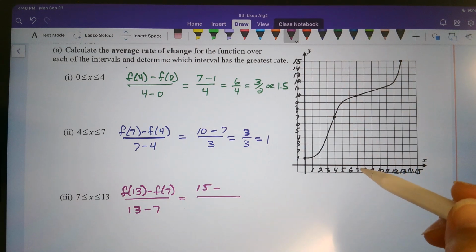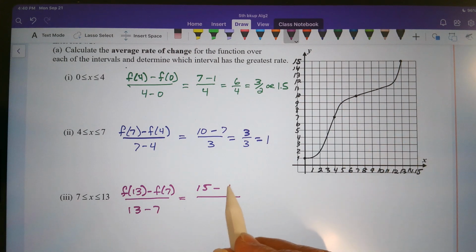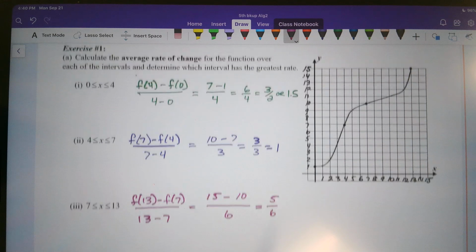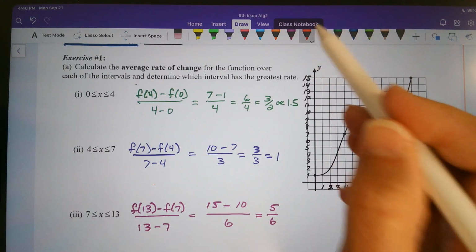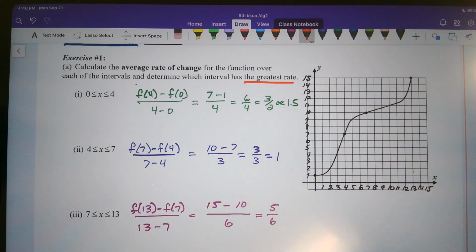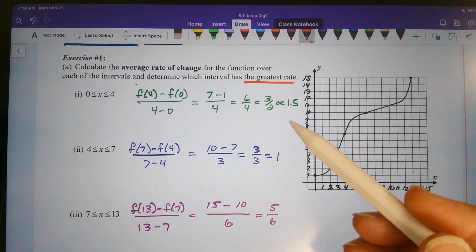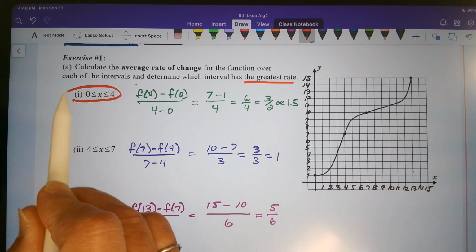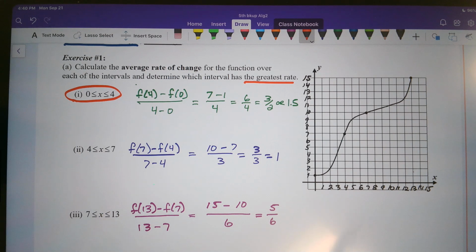And the input of 7, our output was 10. And 13 subtract 7 is 6. So we have 5 over 6. Which interval has the greatest rate? The greatest rate is the largest of these three, which is the 1.5 value. So this interval has the greatest rate.